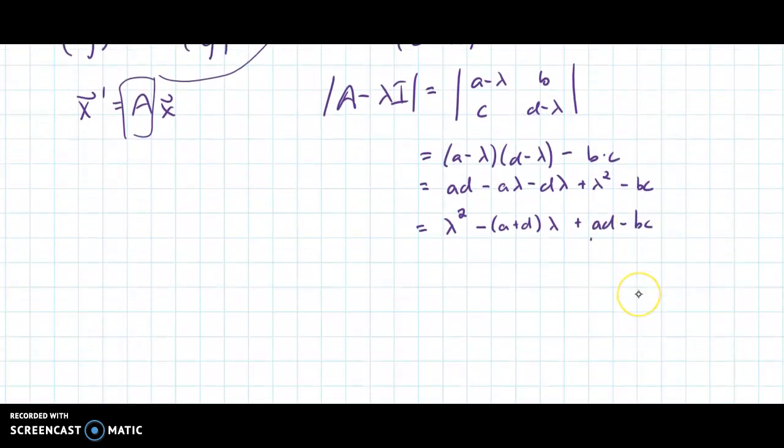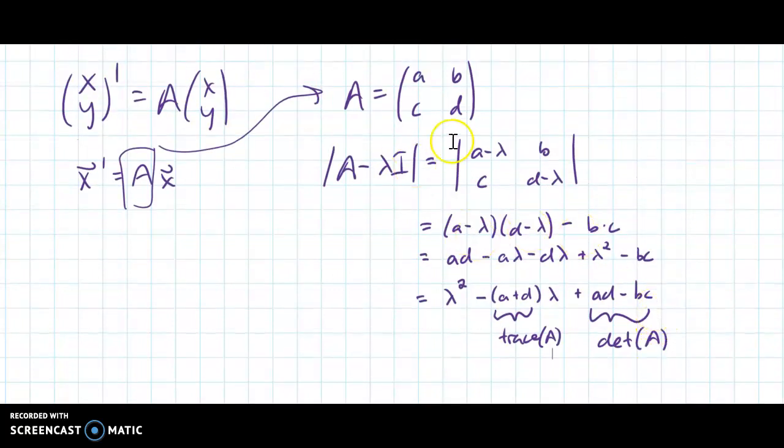So this is the determinant of A, and this is the trace of A. So if I ever want to go directly from a matrix A to a characteristic equation, I can always go lambda squared minus the trace of A times lambda plus the determinant of A.